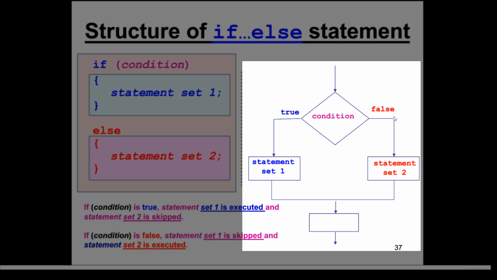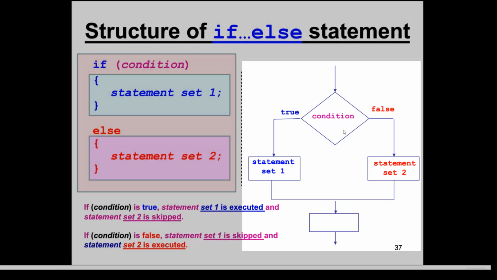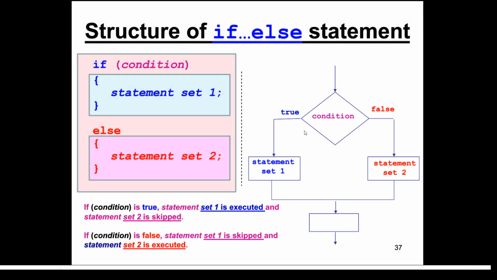So this is the flowchart of the if-else statement. It's a bit different from if. There are really two pathways now because it's a two-way control structure. If the condition is true, we execute statement set 1.